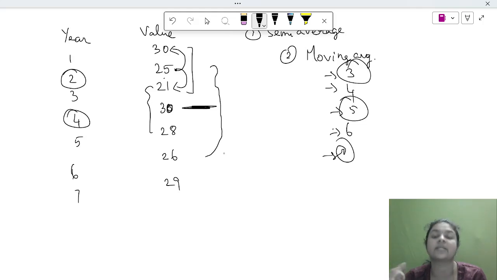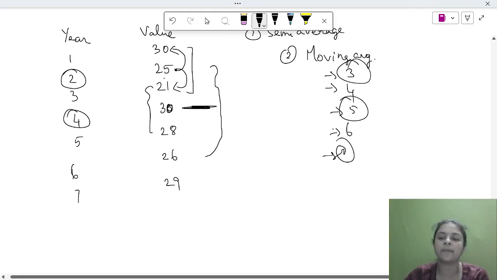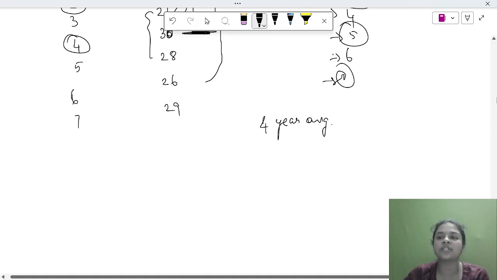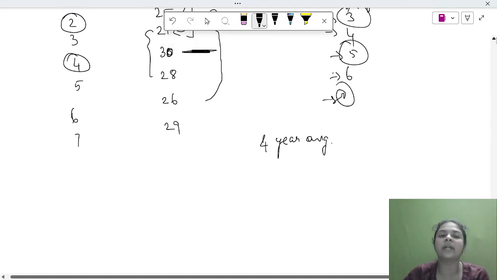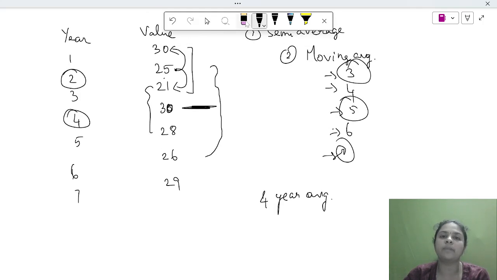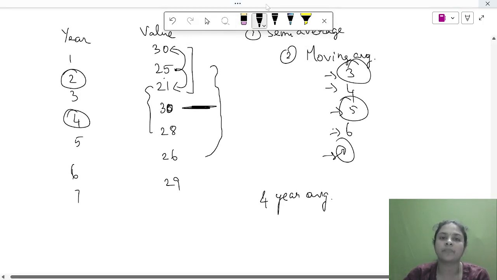Yes ma'am. Now come to even moving averages, which is what you were asking me. Suppose they ask you 4-year average. With 4, what is the challenge? I cannot find out the middle value. 4 means there is no middle value, correct?